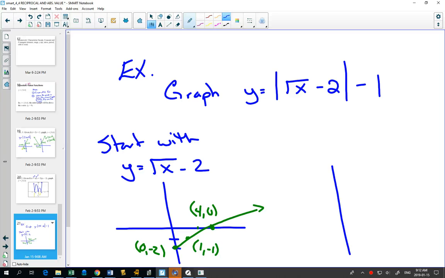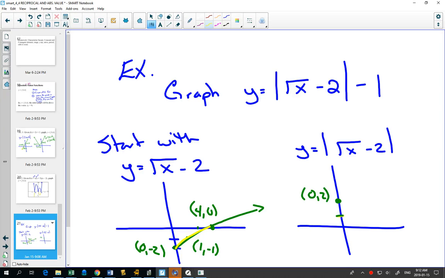Now, what does the absolute value of the square root of x minus 2 look like? We have only one section here where it's negative, right here. That section is going to get flipped up over the x-axis. So instead of 0, negative 2, we'll have 0, positive 2. Instead of 1, negative 1, we'll have 1, 1.